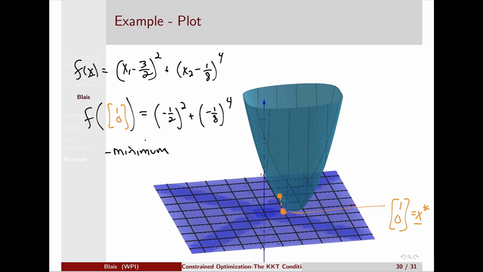That is the minimum value of f over that feasible region, omega. Now we know from this problem, this is a convex problem. We know with convexity things are much more straightforward in terms of finding a local solution. But if we didn't have convexity, we would have to look to second order information to determine that this is in fact a local minimizer, and that will come in a later lecture.